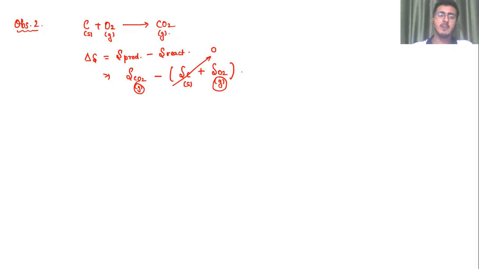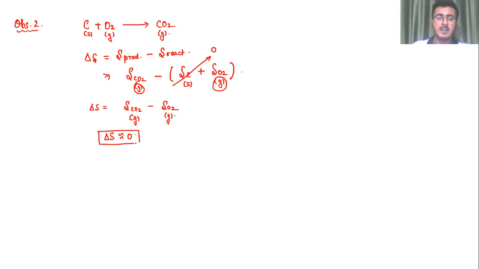Okay. So from here, your delta S is nothing but S of carbon dioxide minus S of oxygen. And since both of them are in the gaseous phase and approximately equal, from here you will obtain your delta S is approximately equal to 0.